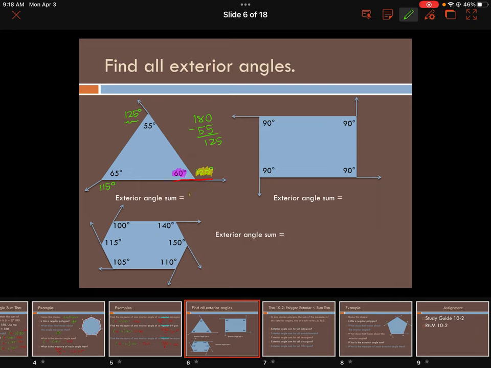What would the exterior angle sum be? So I'm going to add 115, 120, and 125. If you add those together, you end up with 360 degrees. So in a triangle, the interior angles add up to 180, but the exterior angles add up to 360.